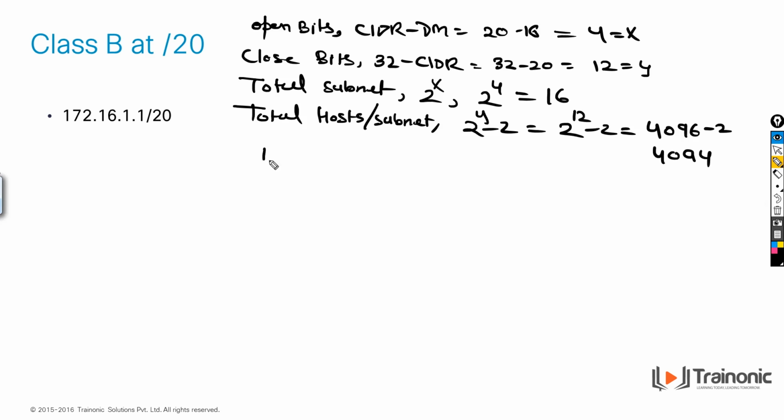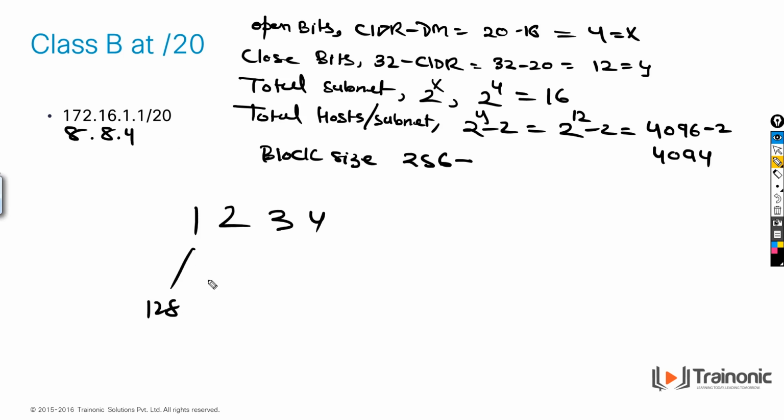Then we have to get the block size. The mask 20 means 8 plus 8 plus 4. When 4 bits are on, we add 128, 192, 224, 240.